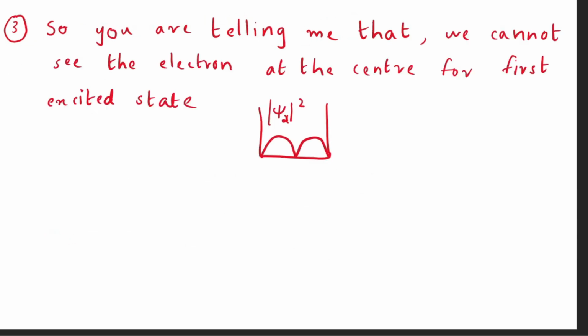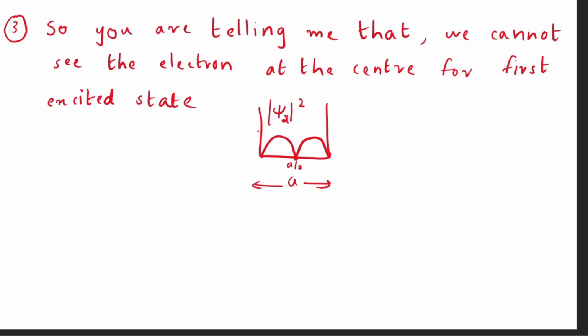Then the professor asked like this. The entire width is a. Here it means a by 2. At this node, the probability is 0. So the professor asked: you're telling me that we cannot see the electron at the center for the first excited state?